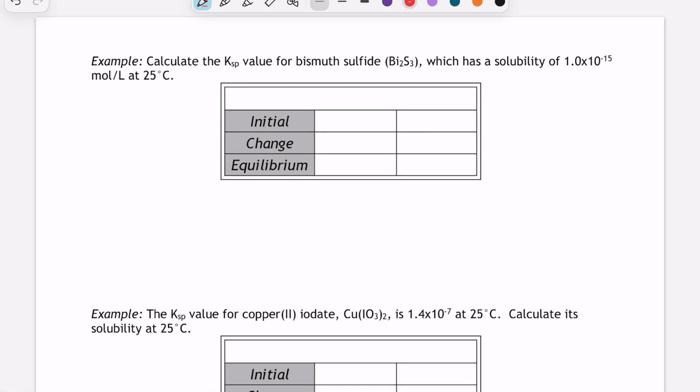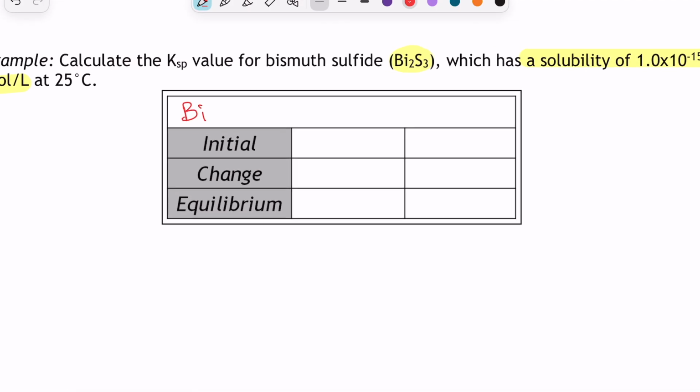Here, again, we have a problem where we want to calculate Ksp. We know the solubility, and we know the compound. So what we have to do first is make our ice chart. We have bismuth sulfide, and that's a solid, yields reversibly 2 Bi, because remember the subscript becomes the coefficient, and those are plus 3s.